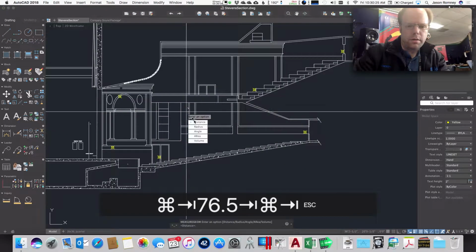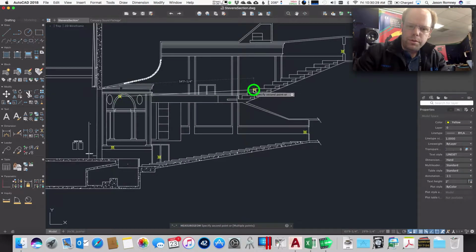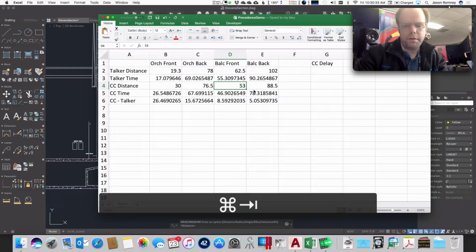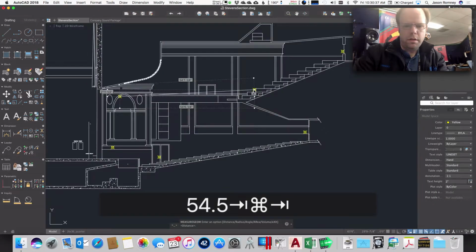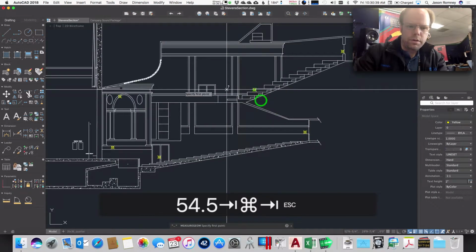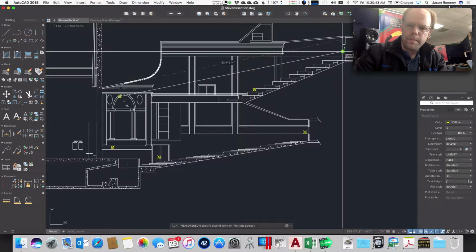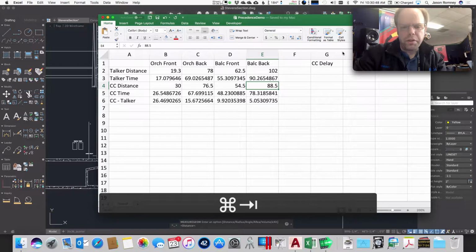And now we're going to front row balcony, that's 54.5. And now we can go to the back row balcony. And we're at 92.3, let's say.